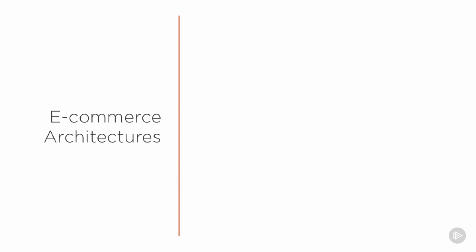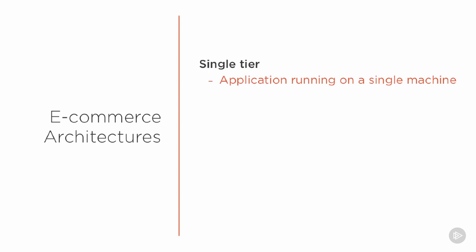There are several different types of e-commerce architectures as well. The most basic and probably least trusted would be a single-tier architecture. The challenge then is you have an application running on a single machine, and anything that is done can easily be compromised.